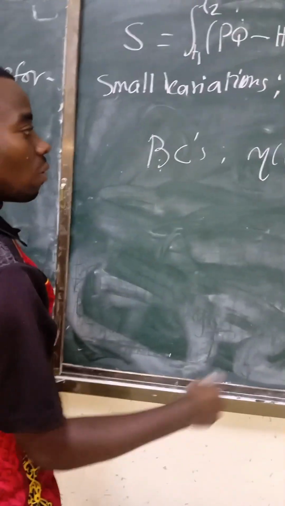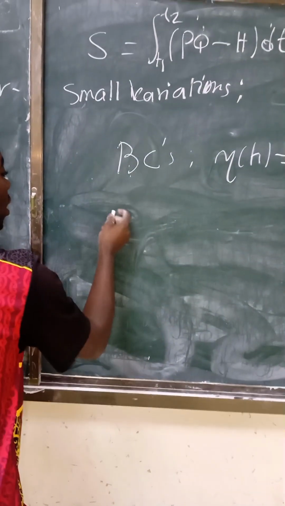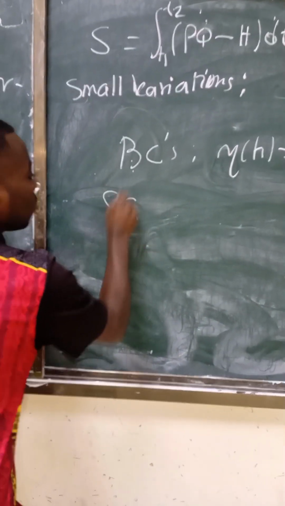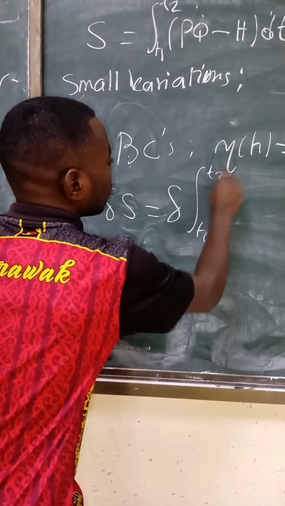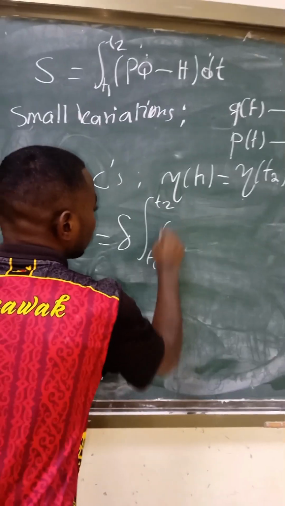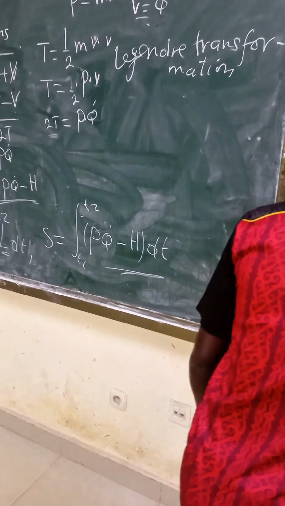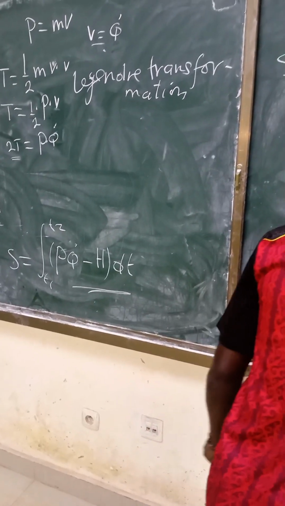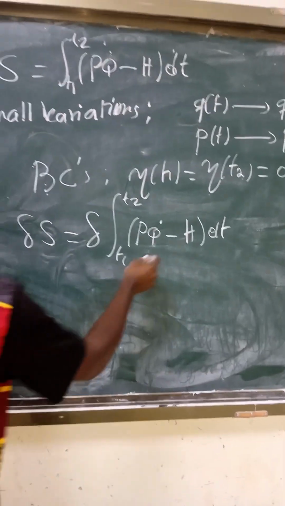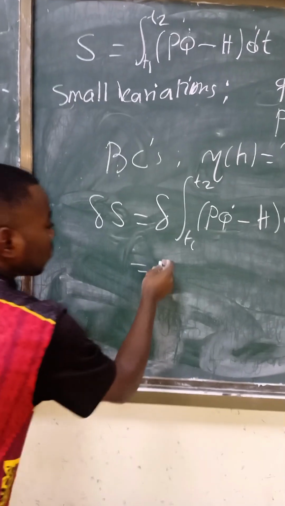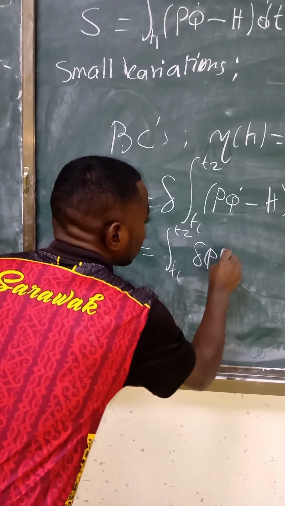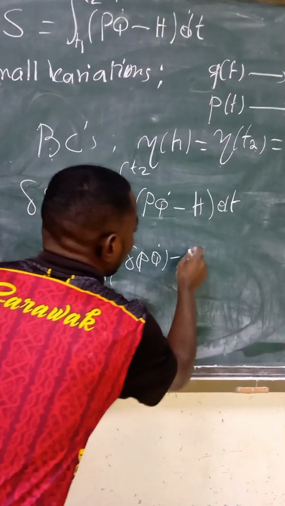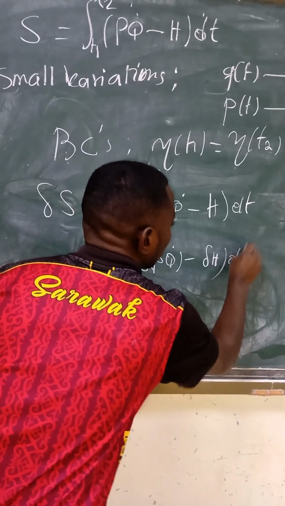And then let's take a look at what we call the variation in action, which is equal to the variation of the integral from t1 to t2 of p q dot minus H dt. Now let's write the variation from t1 to t2 of the variation in p q dot minus the variation in H, in brackets, dt.